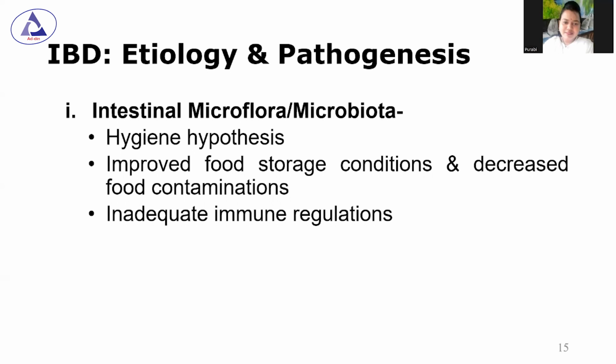Inadequate immune regulation: the unprimed immune system, when exposed to normal commensal bacterial antigen, leads to inadequate immune regulation and allows pathogens to produce an aggressive immune response. And this uncontrolled inflammatory response occurs in genetically susceptible individuals.